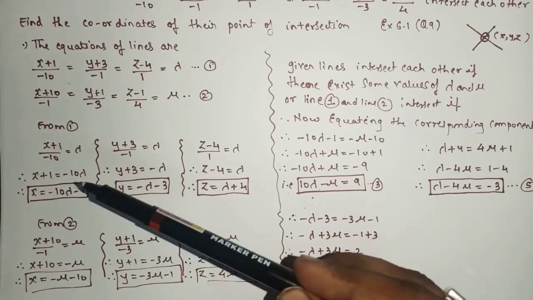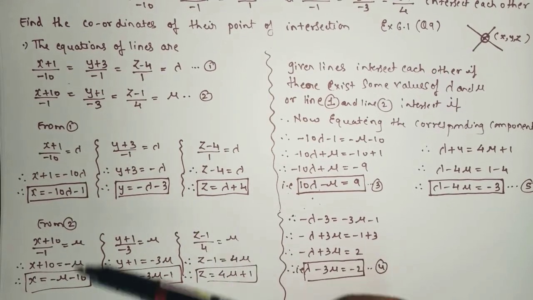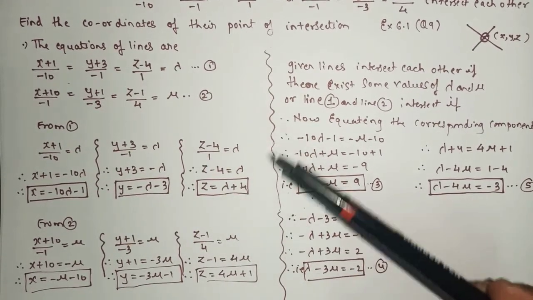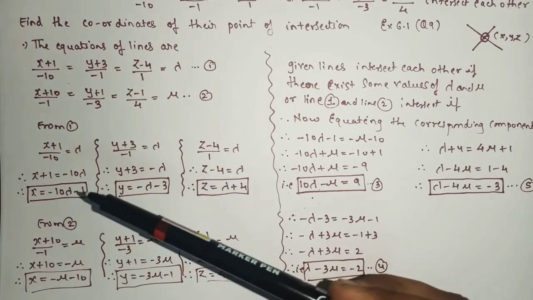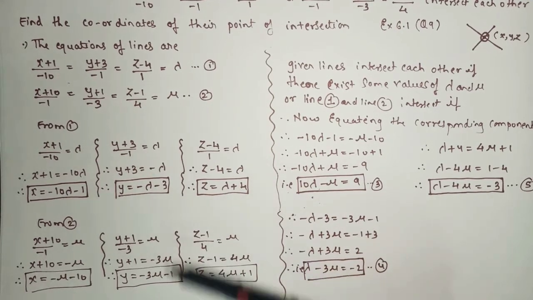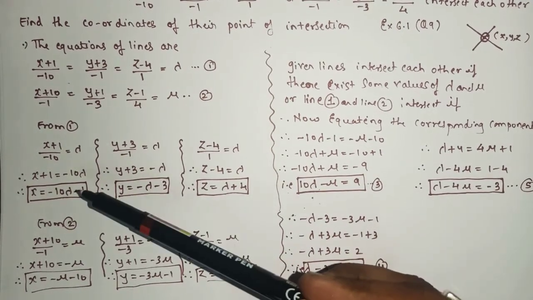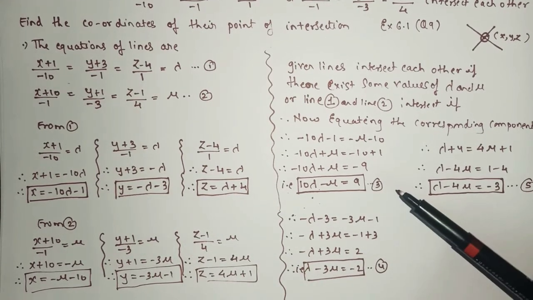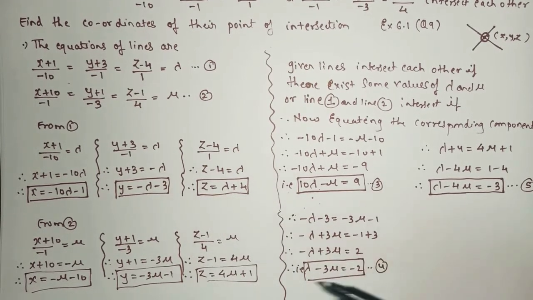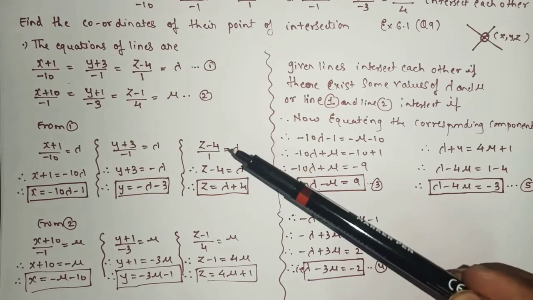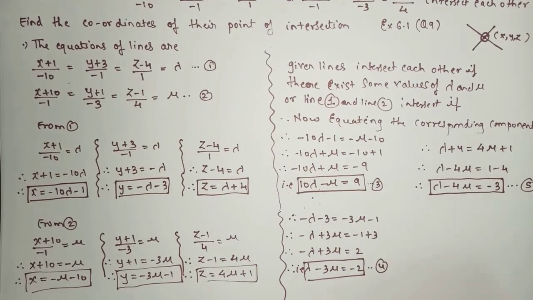So we are equating the x coordinate, y coordinate and z coordinate. From x we got equation number 3, from y we got equation number 4, and from z we got equation number 5.